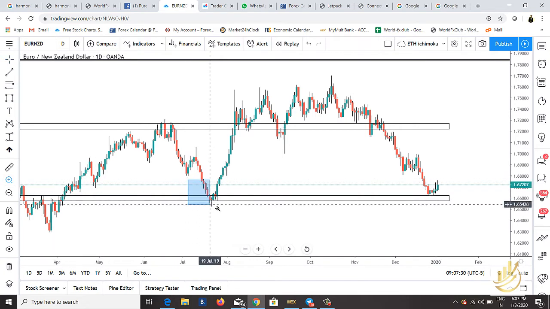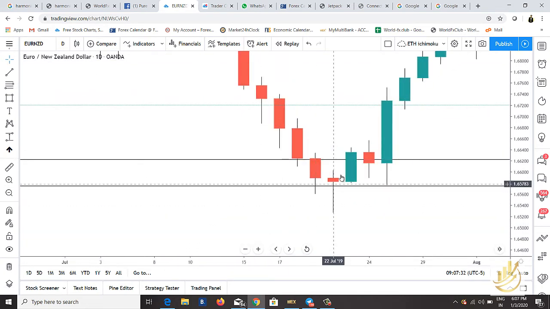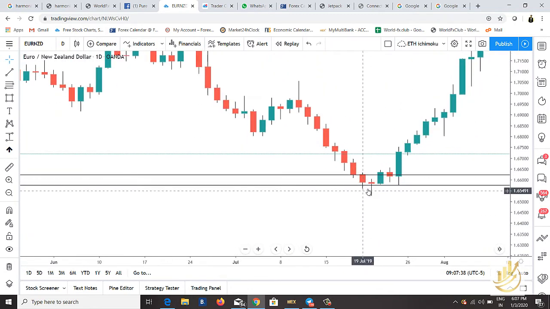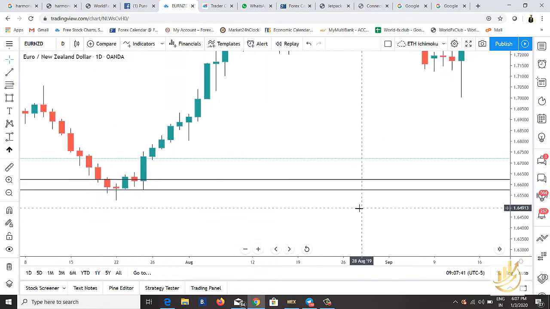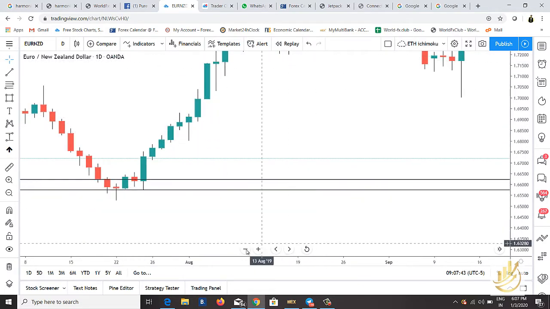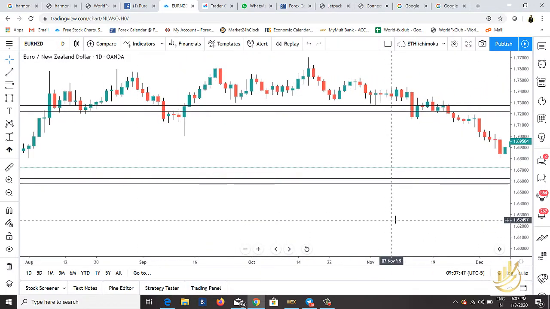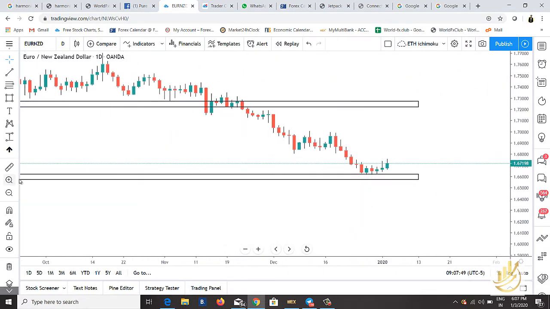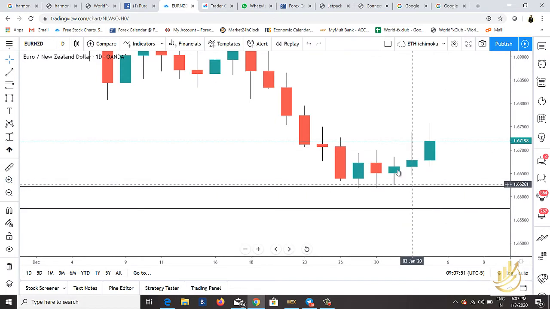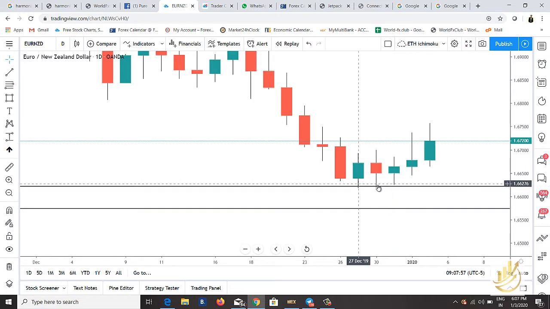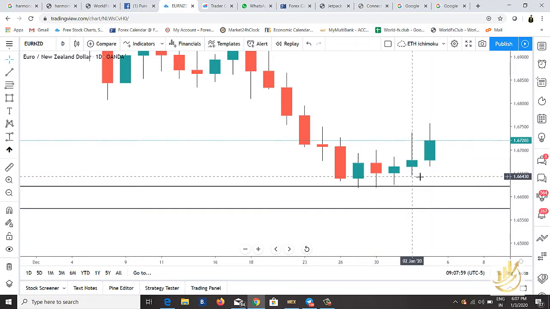At this zone, we have a hammer, this is a pin bar. After rejecting this key level, price went up. You see another hammer here, a confirmation that price is rejecting the level and going up. Here also, this is not exactly a hammer, it is a pin bar, but price is rejecting this key area and now it's going up.